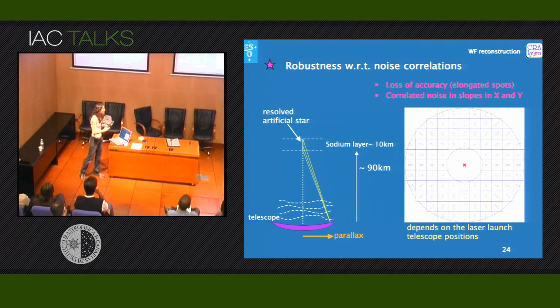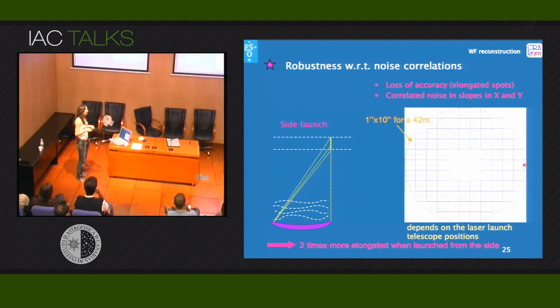Since then you have 42 meters of distance, and you have 2 times more elongation in the subapertures on the other side of the pupil, which is really an increase. It leads to a spot which is 1 arcsecond by 10 arcseconds, which is really a big loss of accuracy. So it's a strong disadvantage for side launching, and it's been studied seriously for the European ELT to decide where we must launch the laser.